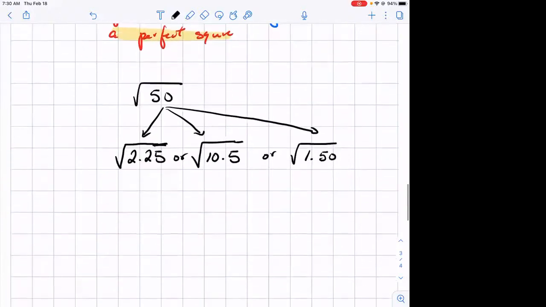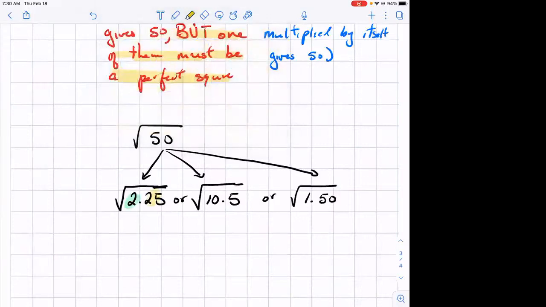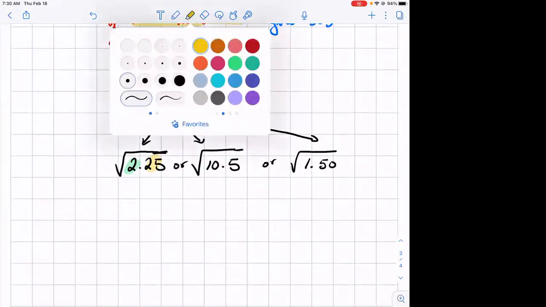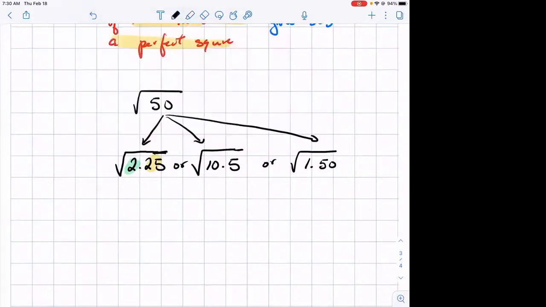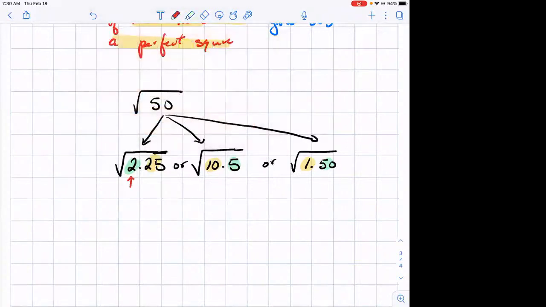Now, as I said, one of the numbers here, either this number or this number, must be a perfect square, meaning you know the square root of one of these numbers. So either you know the square root of 2, which you don't, 2 is not a perfect square, or you know the square root of 25.